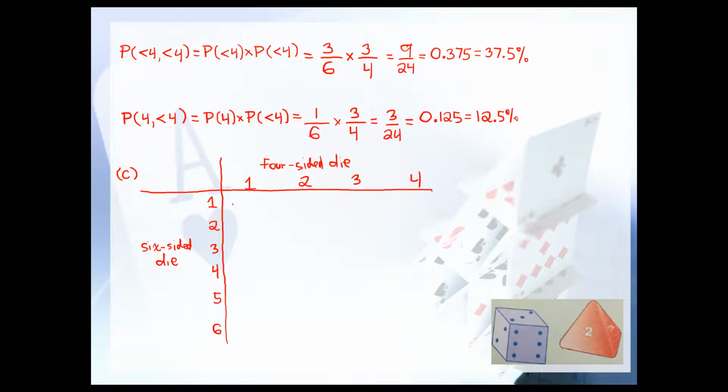So let's match up the rows and columns to identify all the different outcomes. We'd have 1, 1. We'd have 1, 2, 1, 3, 1, 4.